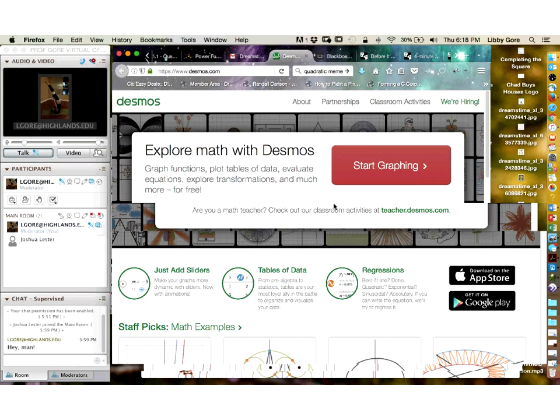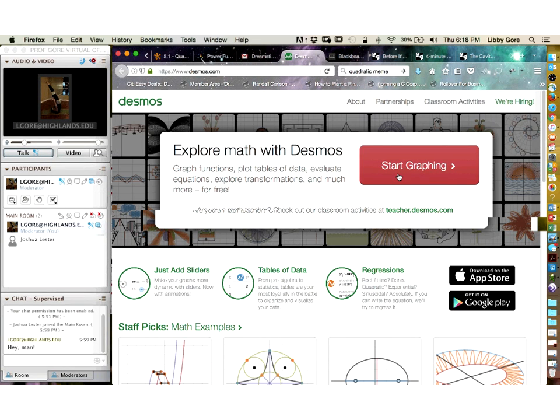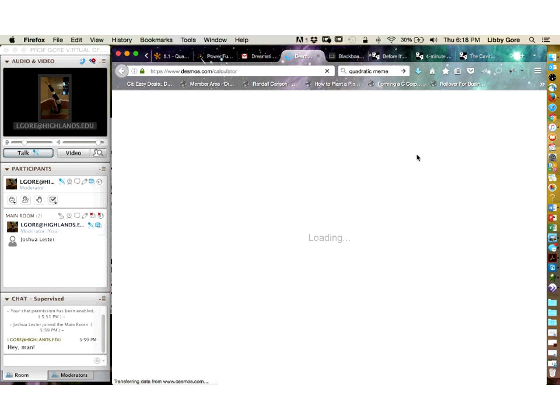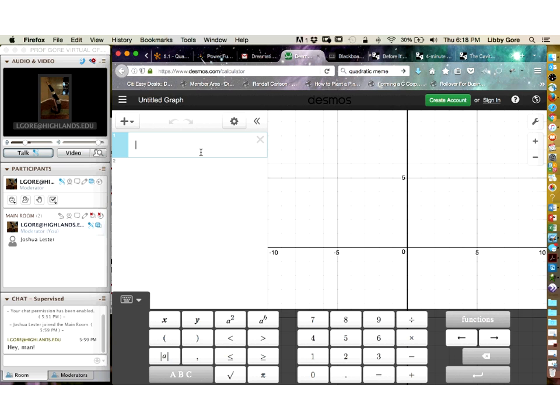Okay, so Desmos.com, graphing calculator. Okay, and we were graphing x squared plus 8x plus 15.